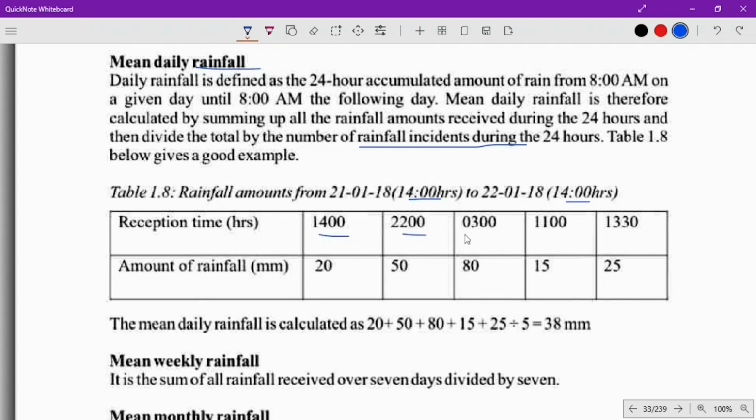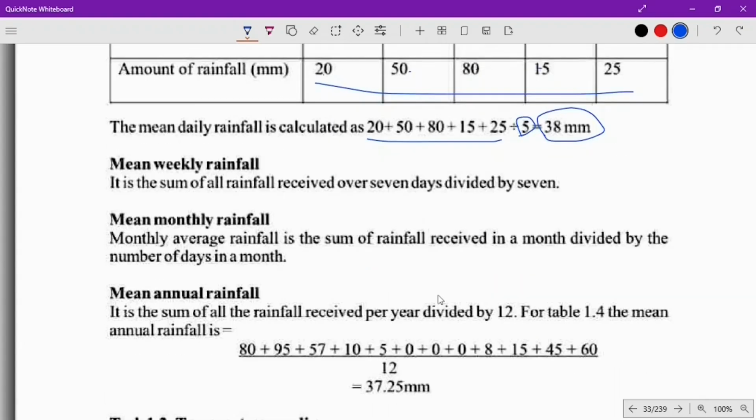These are the rainfall incidents, or the times at which this place received rainfall. These are the rainfall amounts received. Therefore, we add all these ones, like here, then we divide it by 5. This will give us the mean of 38 millimeters.